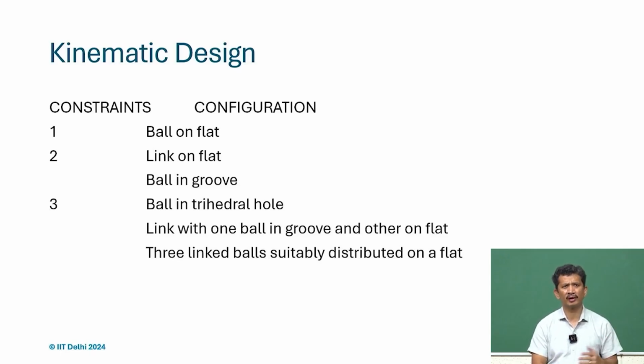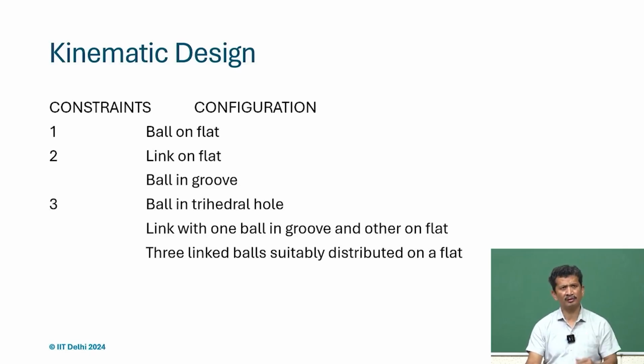We can place 1 constraint, 2 constraints, 3 constraints, and we can always use a spherical ball on a flat. However many contacts are required, we can place that many spherical balls and rigidly connect them, and we can create different designs with a different number of constraints.